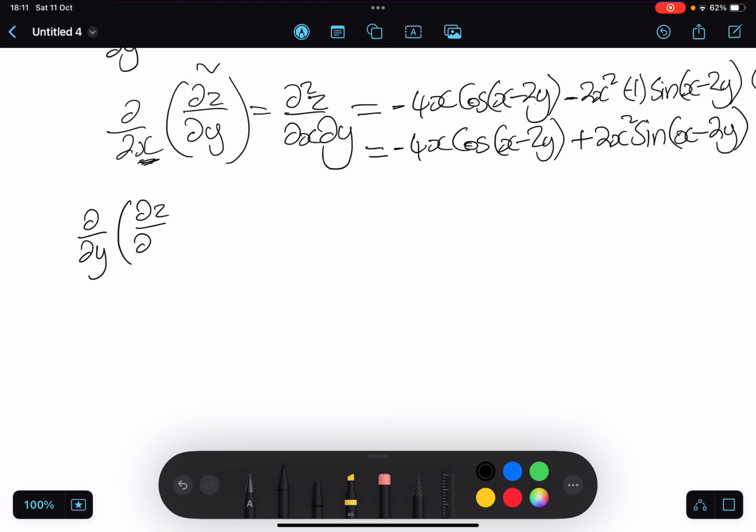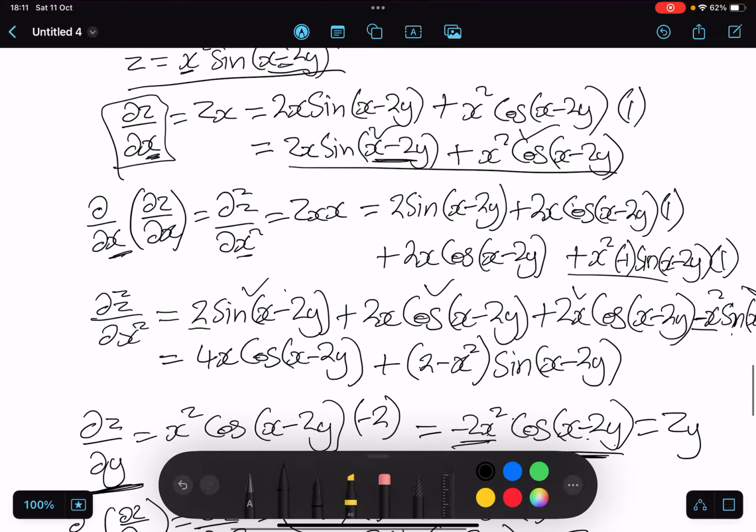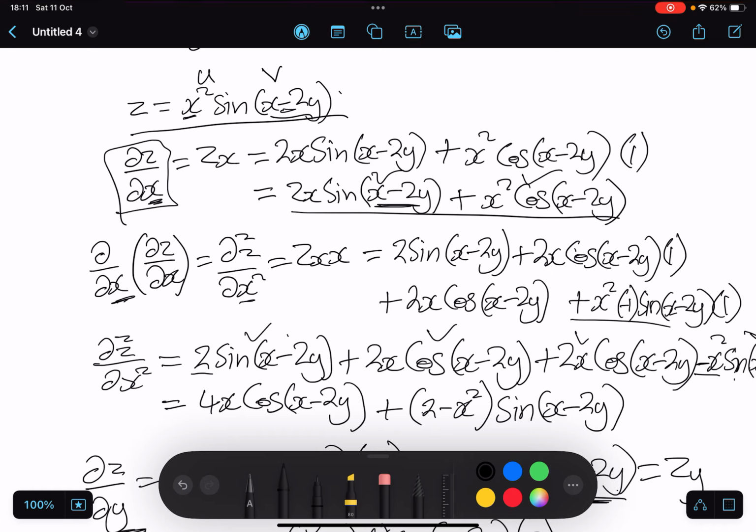We're differentiating all of this with respect to y, which means x is a constant.